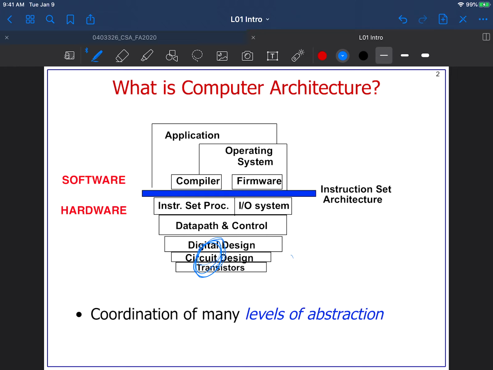You learn in fundamentals of electronics how to make a gate, and in digital logic design you use these gates to build bigger systems and blocks like adders, subtractors, multiplexers, decoders, multipliers, etc. So in fundamentals of electronics and digital design, you start here.